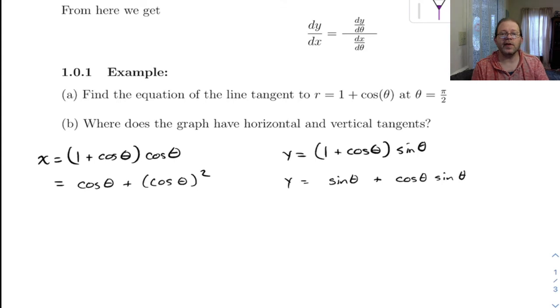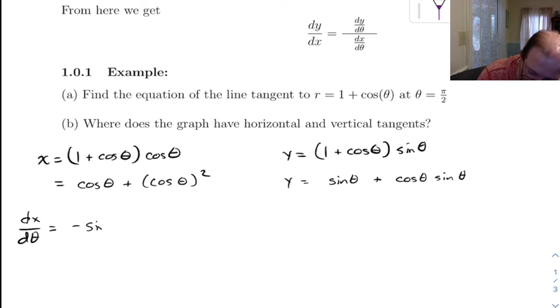All right, now we've got to take the derivatives of these guys. So dx d theta, derivative of cosine is negative sine. Derivative of this, got to use the chain rule. So you get 2 times cosine theta times derivative of the inside function. Derivative of cosine is negative sine. I am going to take the negative and just go ahead and put it out front.